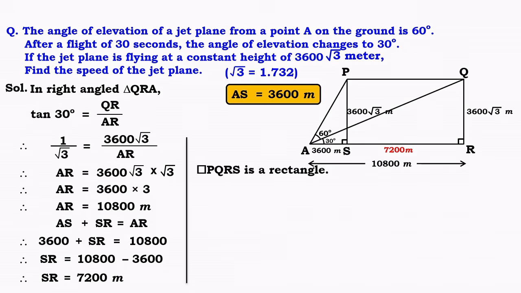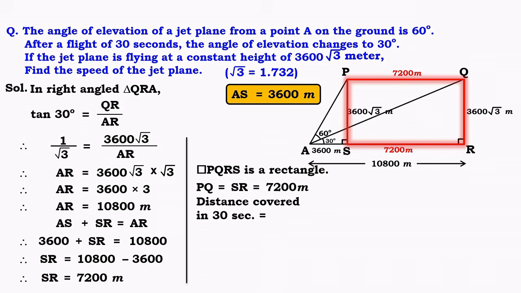PQRS is a rectangle. Therefore, opposite sides of a rectangle are equal. So, PQ is equal to SR. We have already found that SR is 7,200 meters. Therefore, PQ is also 7,200 meters. The jet plane travels this distance in 30 seconds.